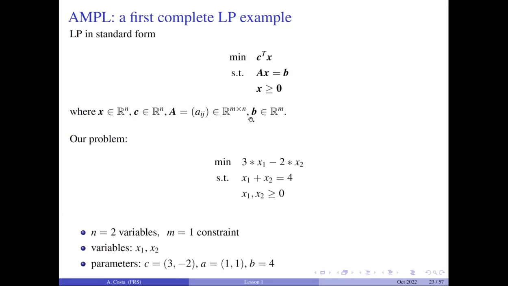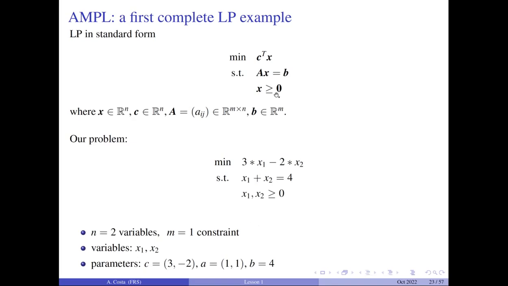What can we do now? Well, if you compare this with the theoretical model on the top here, you will realize a few things. The parameter C is the vector 3, minus 2, because C transpose X means the vector C multiplied by the vector x1, x2. So if C is this and the X is x1, x2, C transpose X is exactly this expression.